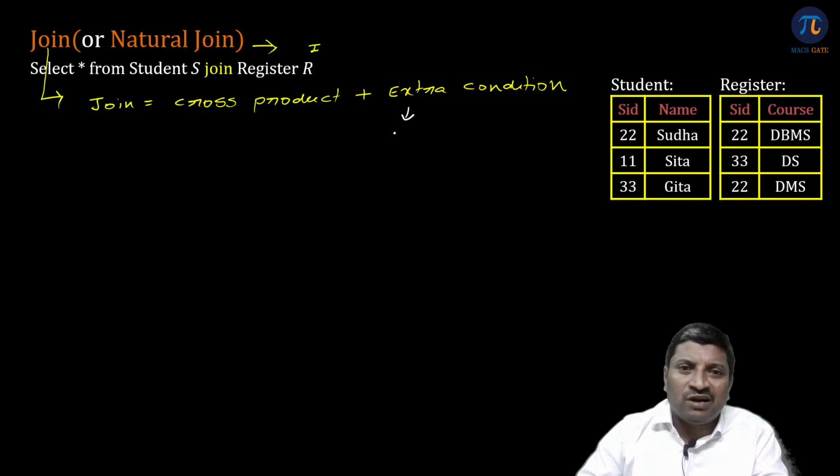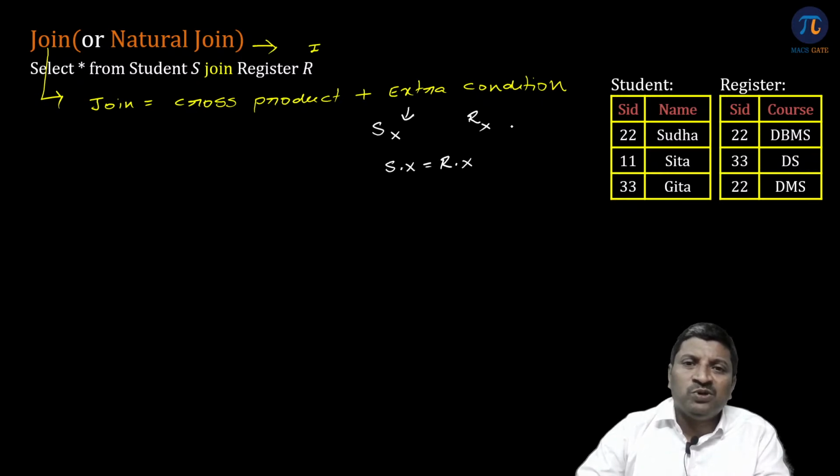Suppose I have one common attribute X. Assume S is having X, R is having X. Then the extra condition is S dot X is equal to R dot X. Suppose I have two common attributes, SY and RY.